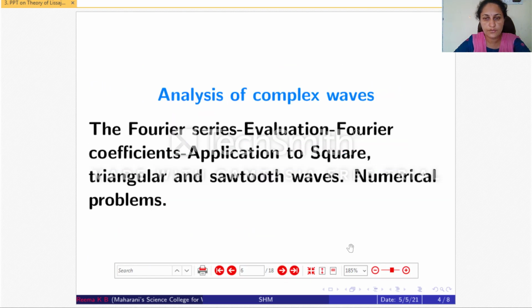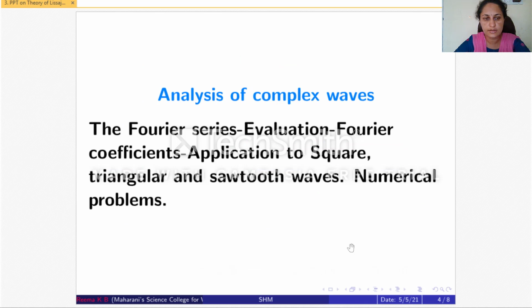Under analysis of complex waves, we are supposed to learn the Fourier series, evaluation of Fourier coefficients, application to square, triangular and sawtooth waves along with the numerical problems.